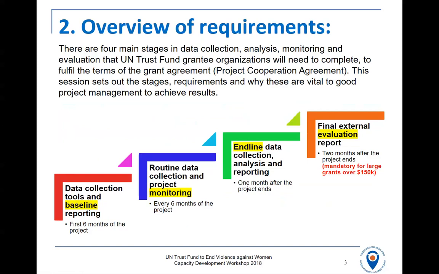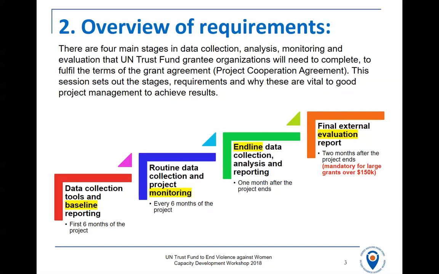For small grants under $150,000, this is not going to happen for all of you. It will happen for a selection of you, and we will contact you separately on that. But there are 4 main stages: the start, the baseline, during the project when you collect data to check project process, the final endline, and then the external independent evaluation.